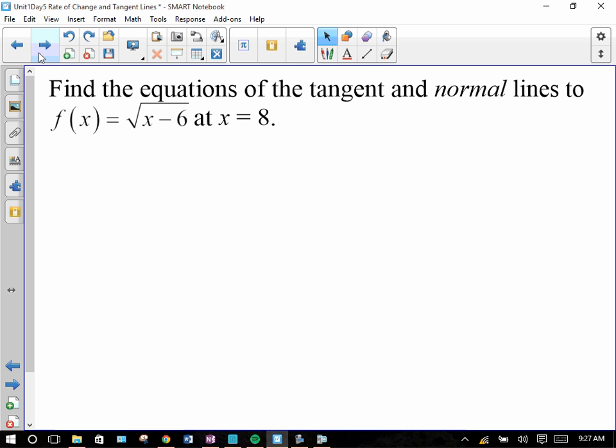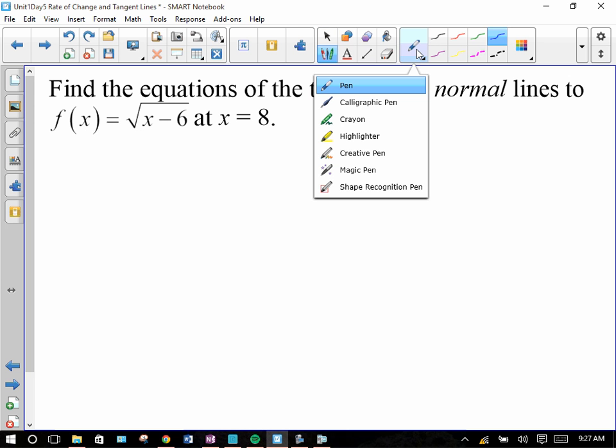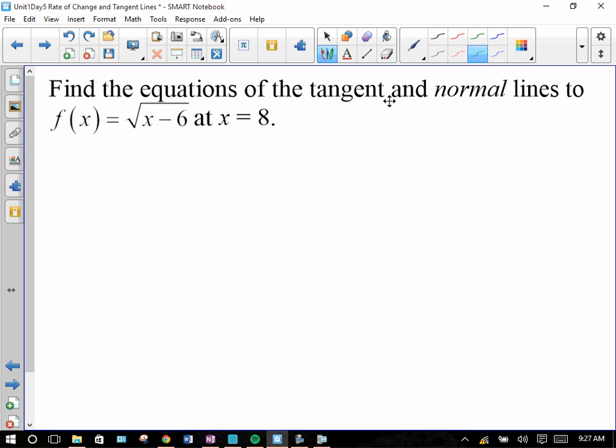Alright? So, what we want to do now, and this says find the equation of the tangent and normal lines. So we have not done this. The first thing you're doing is finding the slope. Alright? Because we're trying to find the equations of lines. And in order to find the equation of a line, no matter what type of line it is, you need to know 2 things.